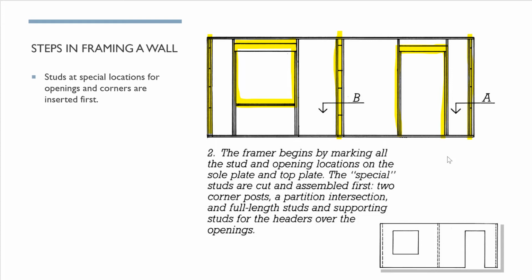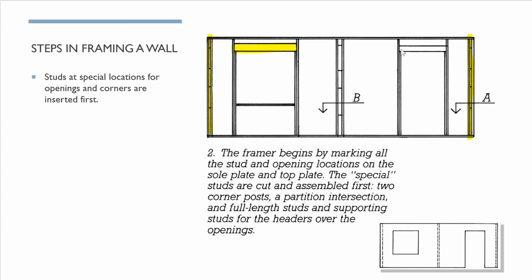So what you'll notice too is that I also have to do some additional framing work around these doors and windows. Anytime that you cut a hole into a wall, that means it becomes weaker. It can't support the load above it because you've cut a hole in it. So you have to provide a header.